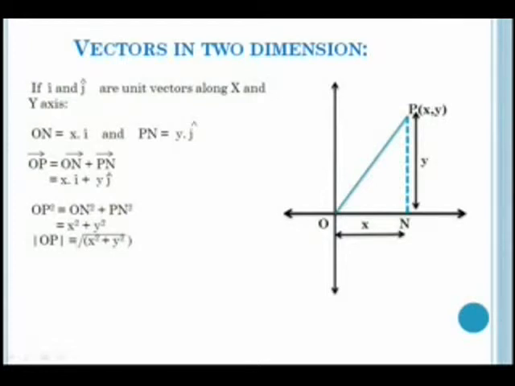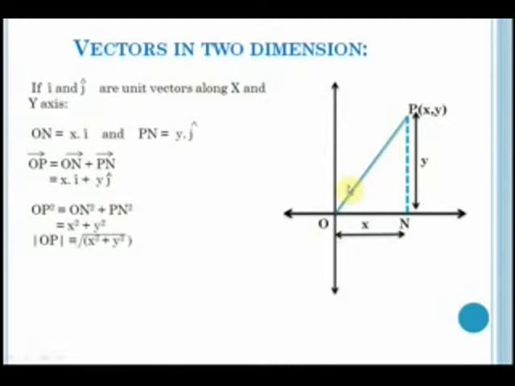Thus if P is any point with the coordinates x, y, in two dimensions the vector OP could be represented as x times i cap plus y times j cap, where i cap is a unit vector along the x-axis and j cap is the unit vector along the y-axis. Thus this is the way of representing a vector OP in two dimensions.